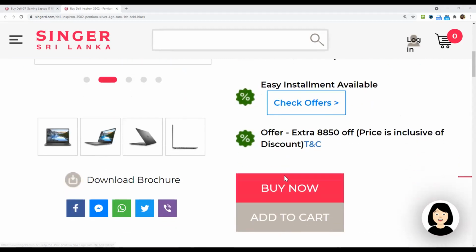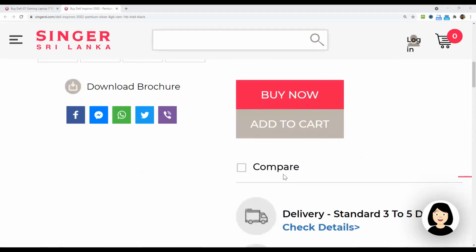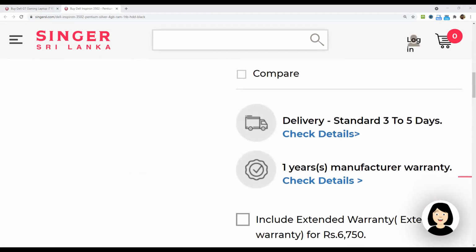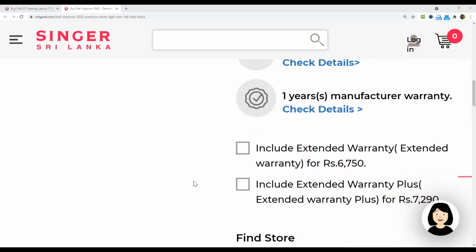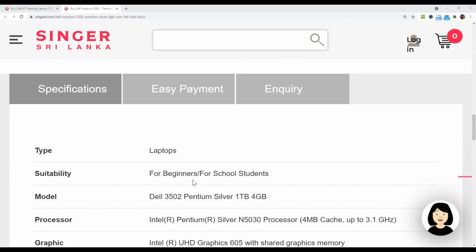Then take down the warranty details. So you will see second. Now you can see the warranty details. Then I will ask you, if you want to extend, then you have to pay extra. Okay, let's go back to the details. We look at the specification.